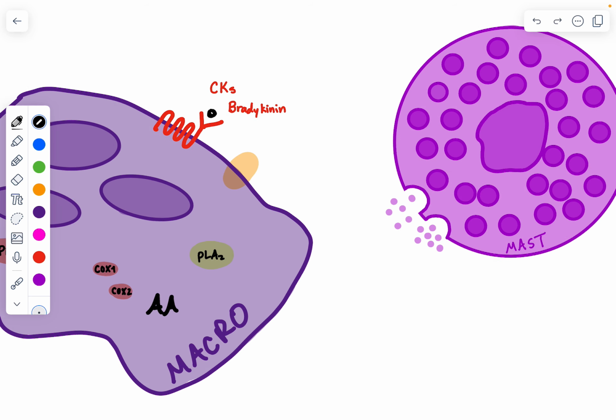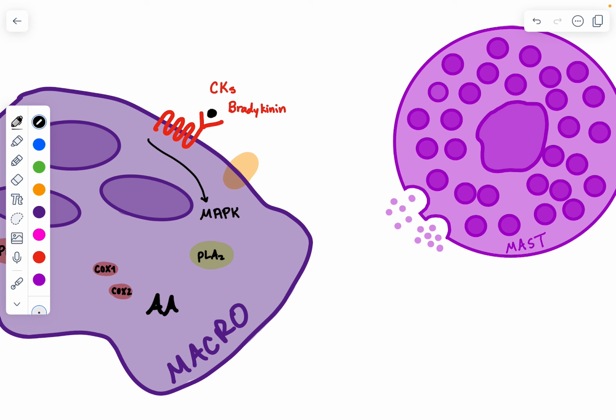These cytokines will bind to G protein-coupled receptors, which in canonical G protein-coupled receptor fashion will lead to the separation of PIP2 into IP3 and DAG, which will then go on to, in this specific case, activate MAPK.